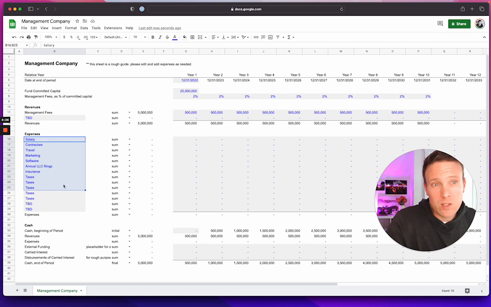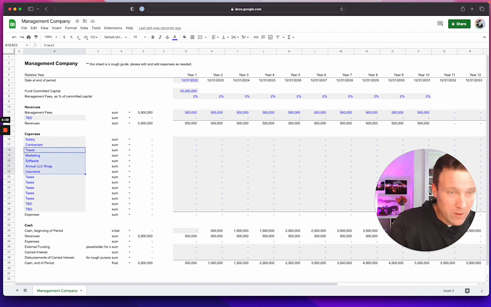So expenses, there are a few different ways to do it. All this is just blank lines, right? And this is why forecasting for a management company can be pretty straightforward. So oftentimes I'm going to take these ones and move these ones down. Probably a partner.